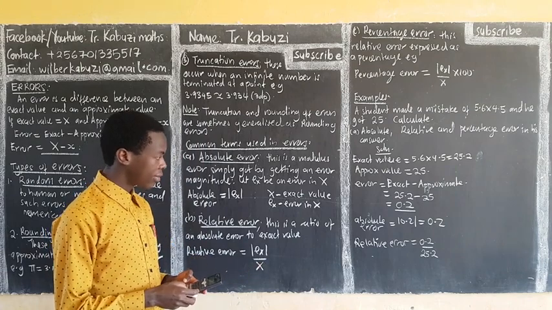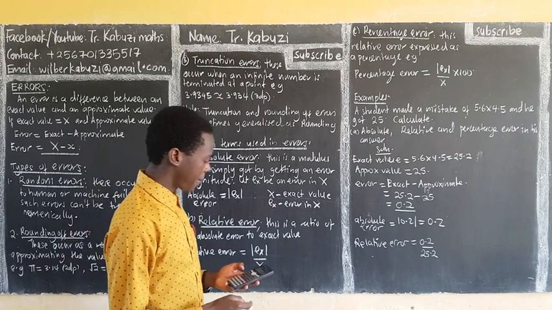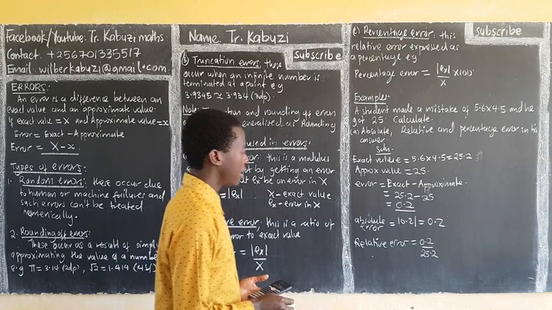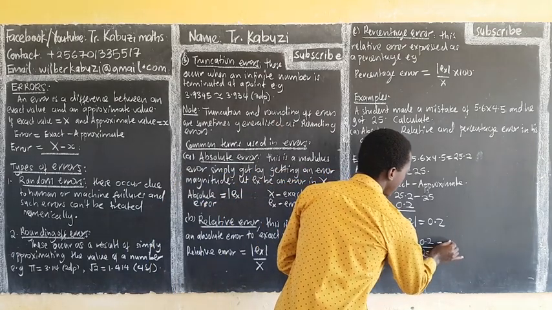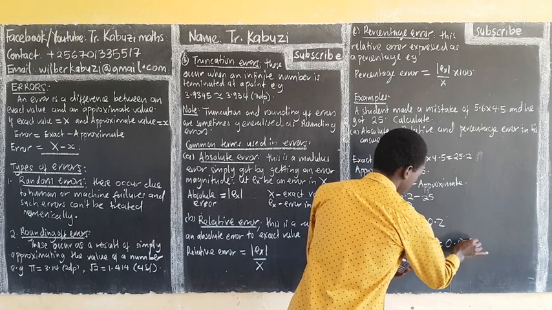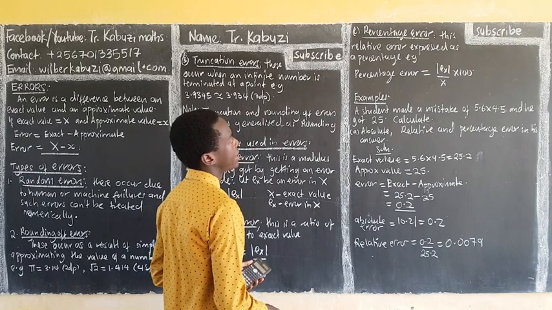Then you get that. So here, I'm getting this as 0.0079. Then we come to the percentage error.